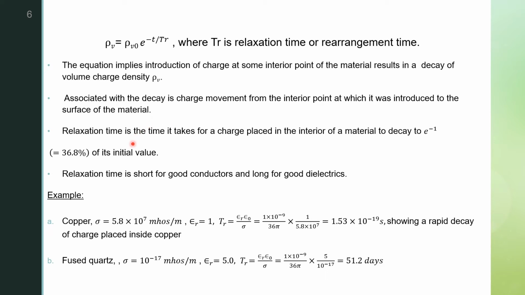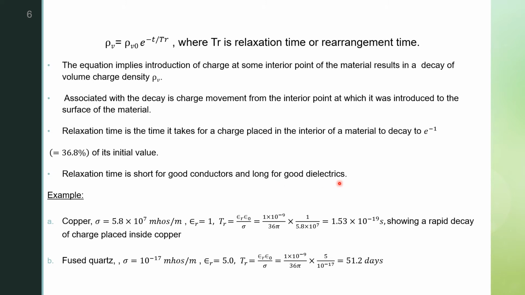Relaxation time means the time it takes for a charge placed in the interior of a material to decay to 36.8% of its initial value. And relaxation time will be short for good conductors and long for good dielectrics.